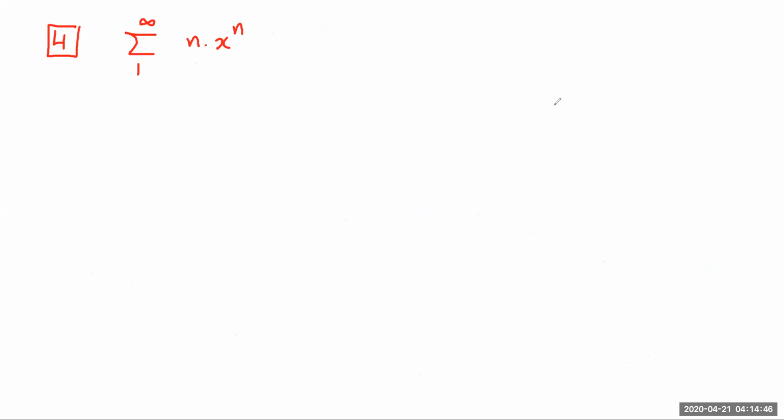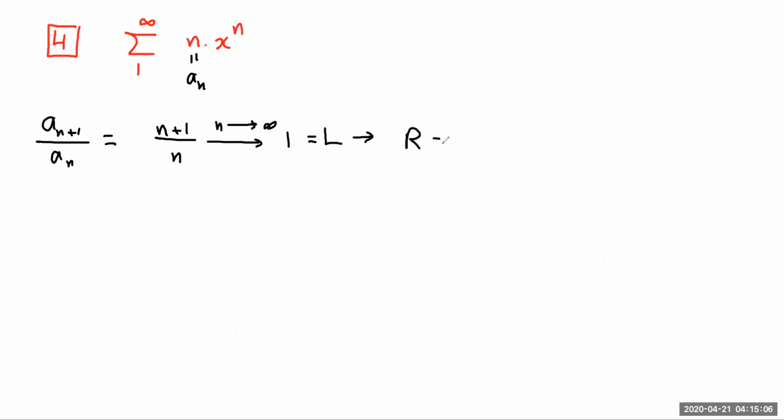Next example. Here, let's take a n plus 1 over a n. So it's n plus 1 over n. The limit of this term when n goes to infinity is 1. This is L, so R is 1 over L, equal also to 1. What is C, the center?